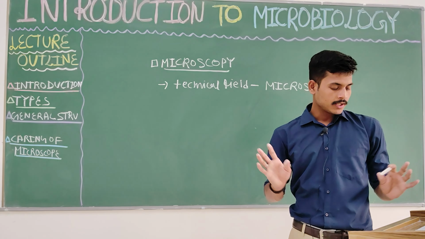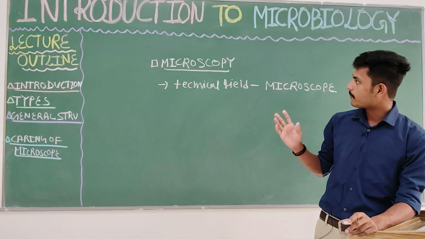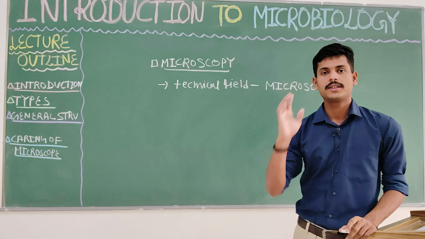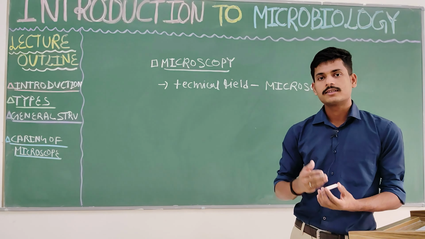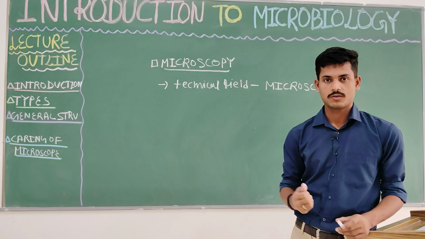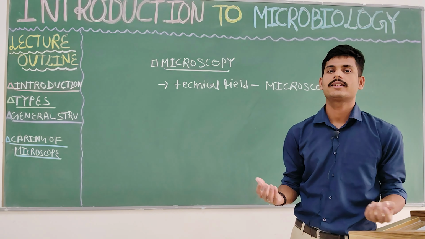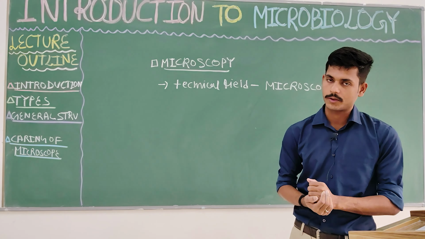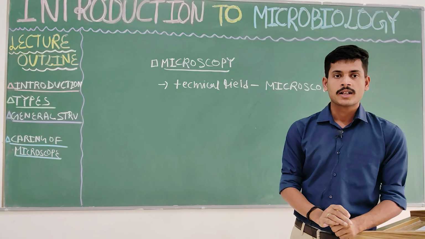Once we understand microscopy, one thing you should be clear about is that there are different types of microscope. Then the question arises, why is there a need for different types of microscope? The answer is simple.